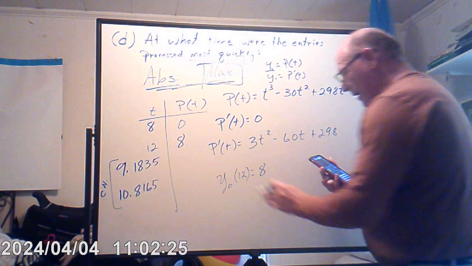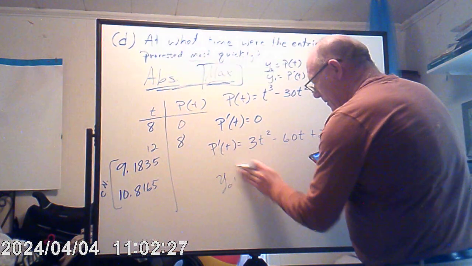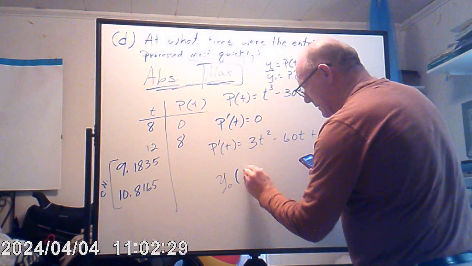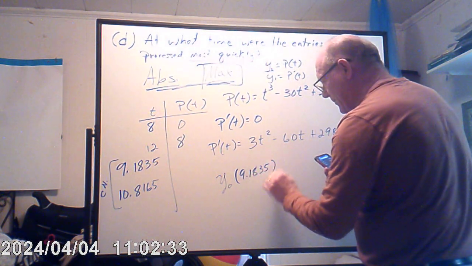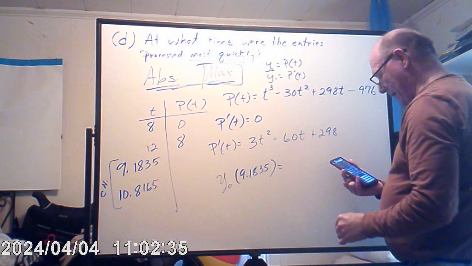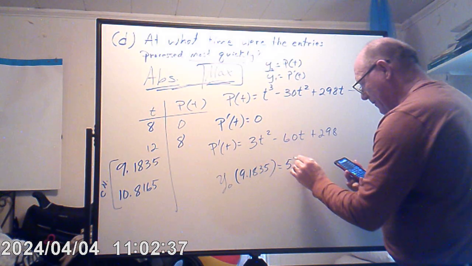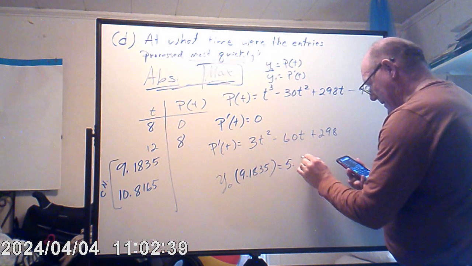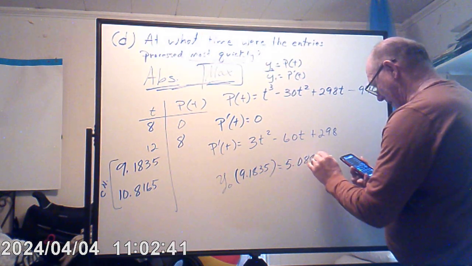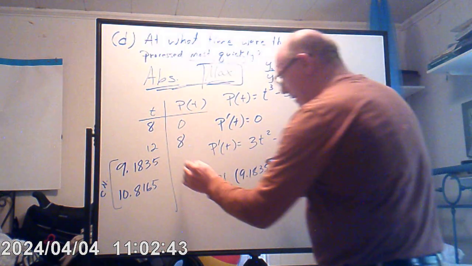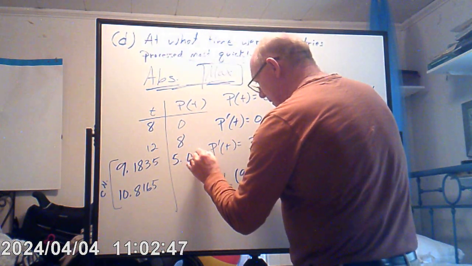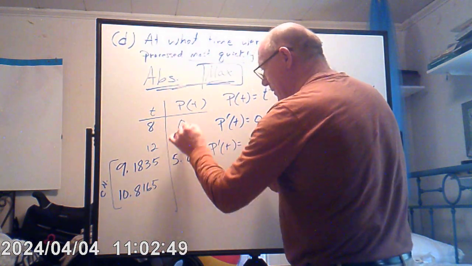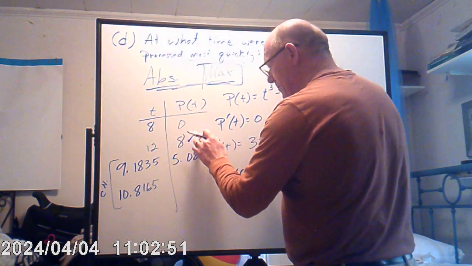When I plug in 9.1835, I get 5.088. So far, this one's the biggest y value.